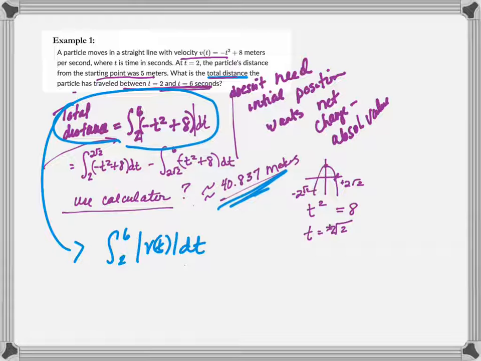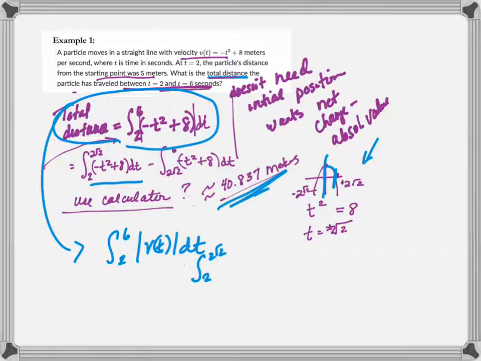Now, to do absolute value, if you can't use your calculator and you have easier numbers, remember you have to graph it to find out where it's positive and where it's negative. That's why this is split up to be 2 to where is the first time it goes from positive to negative. It was at 2 square root of 2.